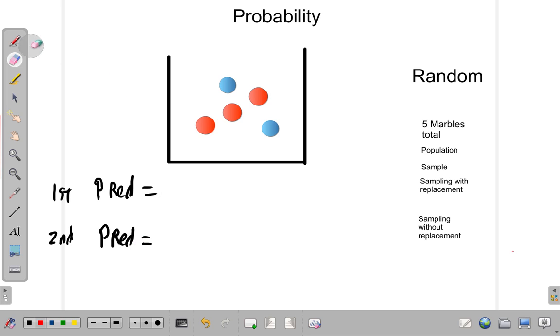Calculate the probability of picking a red on the first pick. And being that it is sampling without replacement, that means you don't put it back. I want you to calculate the probability of picking a red on the second pick. So pause the video and do that for me. Go.